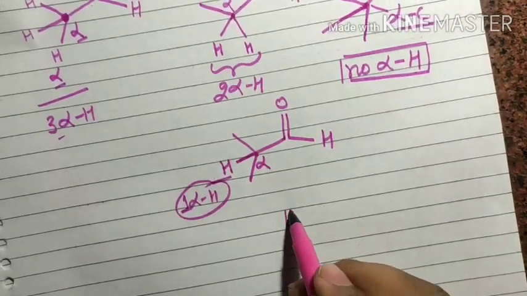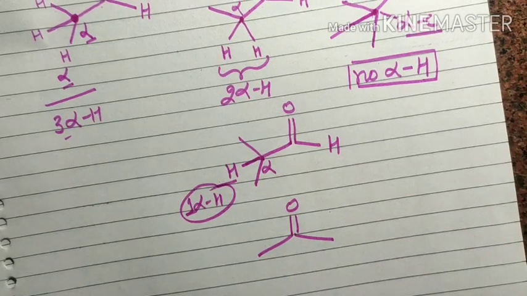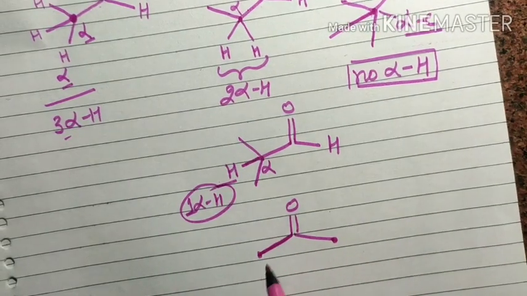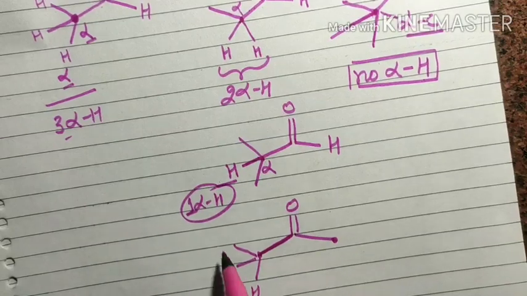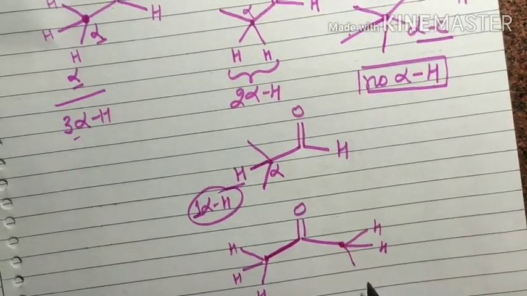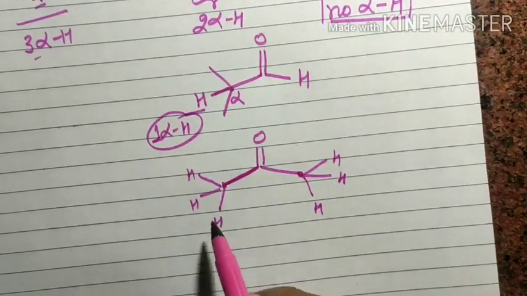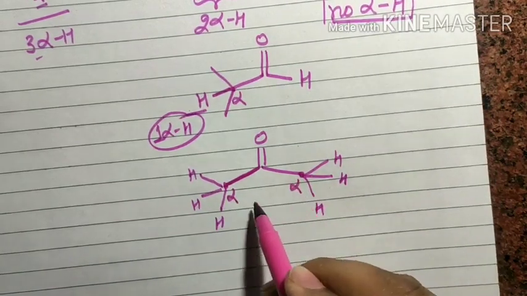For example, for a ketone, this is a simple ketone, propanone. Here this carbon has 4 bonds, so 1 bond is clear and the other 3 bonds are with hydrogen atoms, and on this side also 3 hydrogen. In propanone, this one is also an alpha carbon and this one is also an alpha carbon.